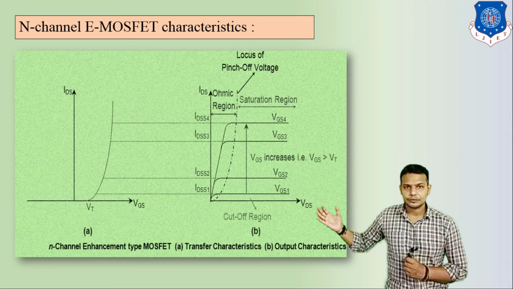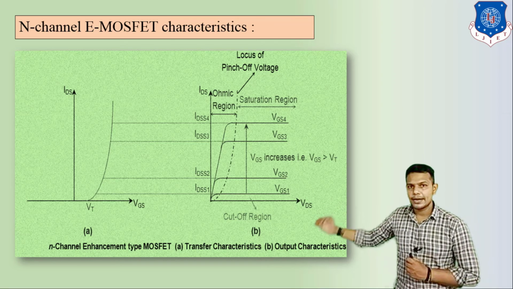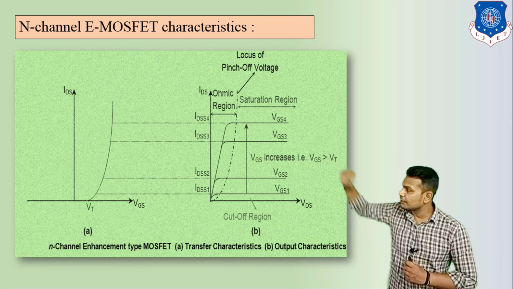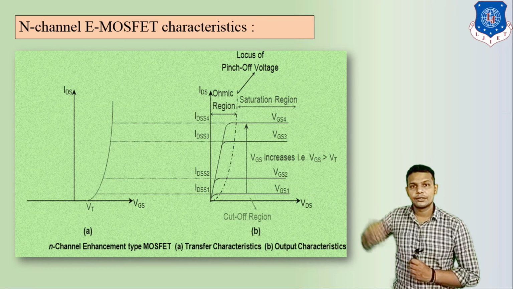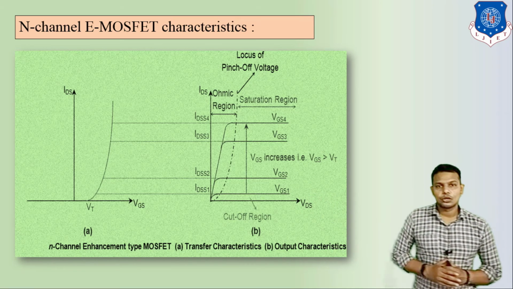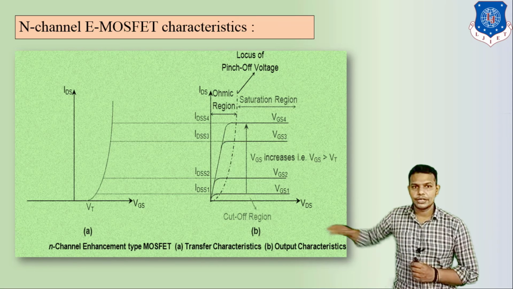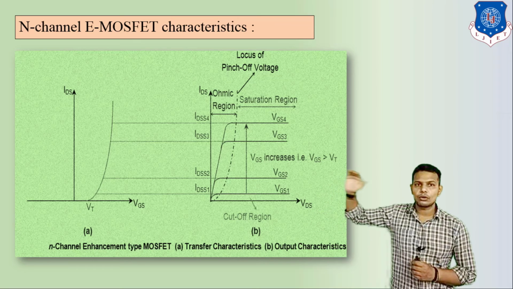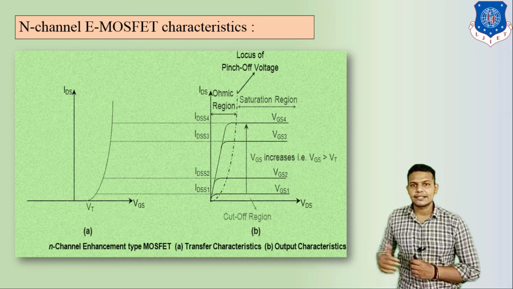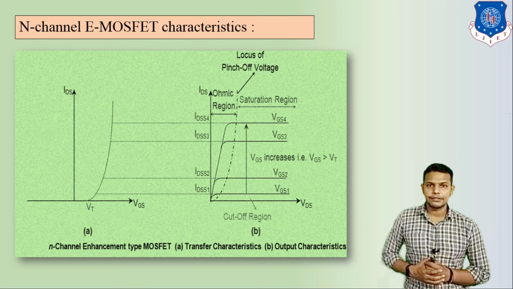On the x-axis is the VDS voltage, and on the y-axis is ID. If we increase VGS to 1, 2, 3, 4 and so on, the flow of drain current is also increased.